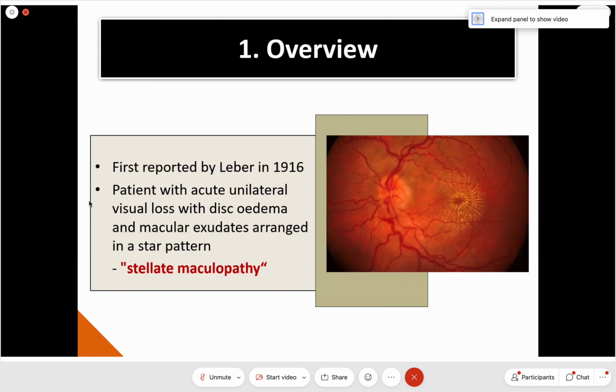Yes, doctor. Okay, so neuroretinitis was introduced by Leber in 1916. Actually, this Leber is the same Leber that introduced Leber congenital amaurosis and Leber hereditary optic neuropathy. So Leber found a patient with unilateral visual loss with this kind of fundus appearance, optic swelling and macular star. And he termed this condition as stellate maculopathy.